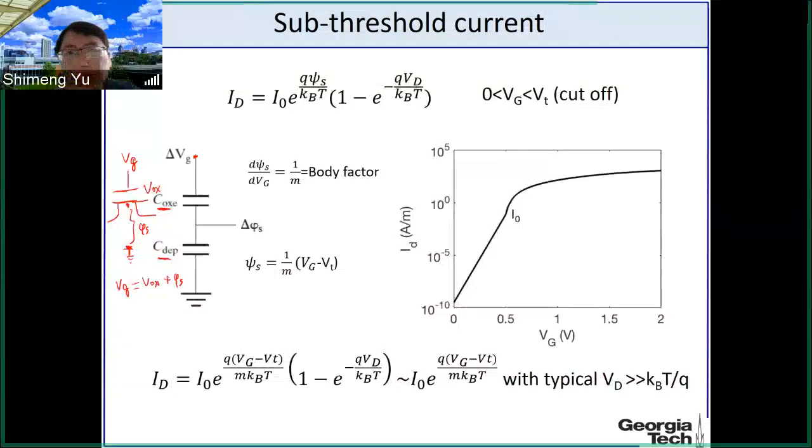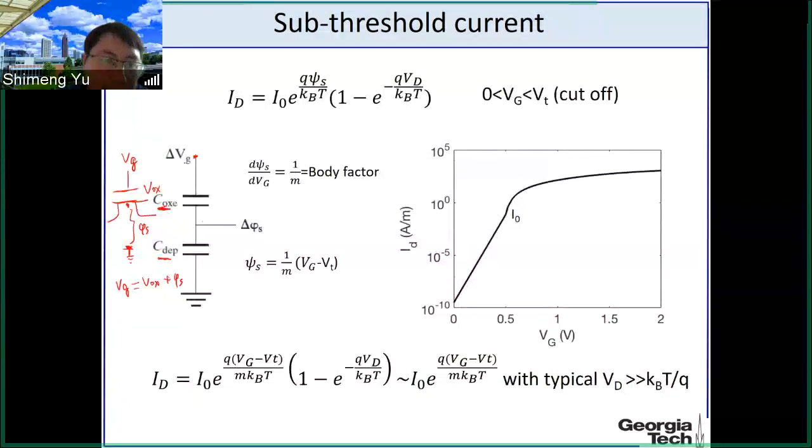If you recall the depletion region of the silicon, then you have the C depletion. So basically it's a voltage divider with two capacitors. And then of the gate voltage you apply, only part of that will change the phi s.